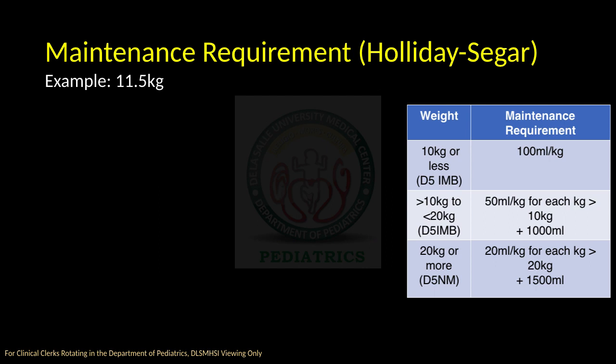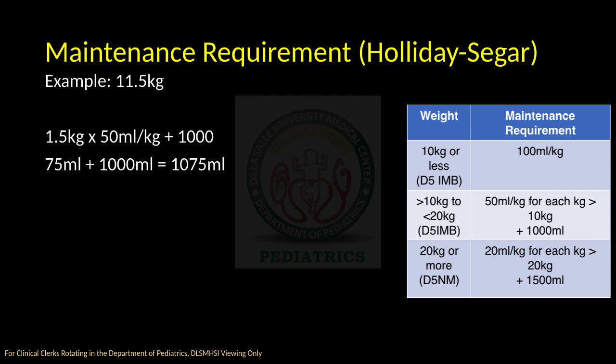For a child weighing 11.5 kilograms, get 1.5 kilograms because that is the weight exceeding 10 kilograms and multiply it by 50 ml per kilogram plus 1000 ml. So that would be 75 ml plus 1000 ml, and you will get a value of 1775 cc.